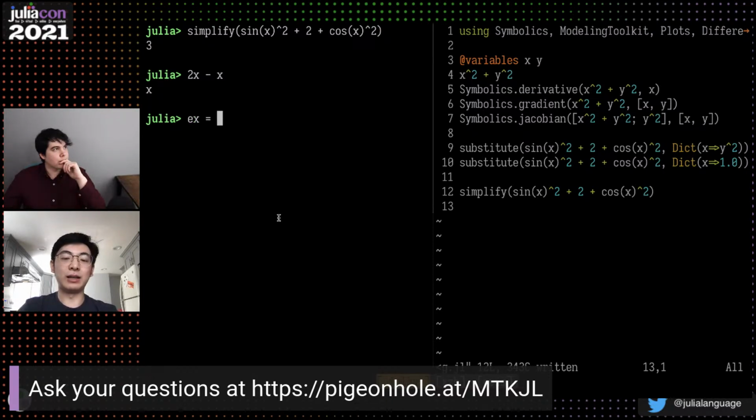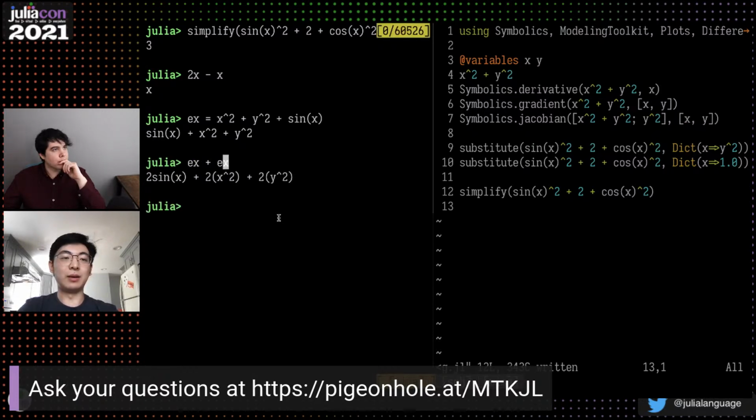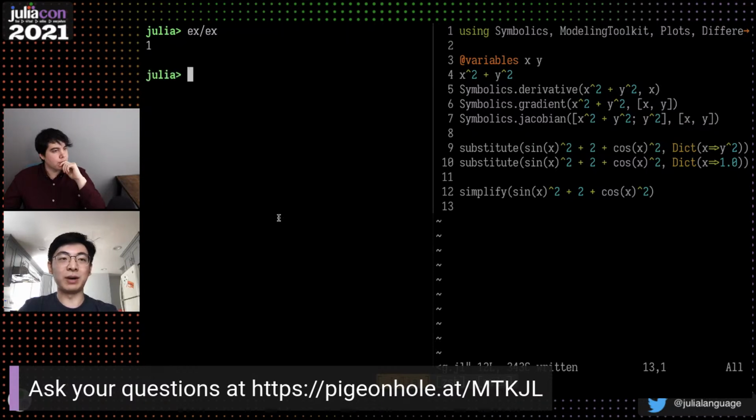So if I define a relatively complicated expression, this is equivalent to 2ex, right? And then we also have constructor level simplify on division. So ex divided by ex would just be 1. And then ex squared divided by ex is just going to be ex.